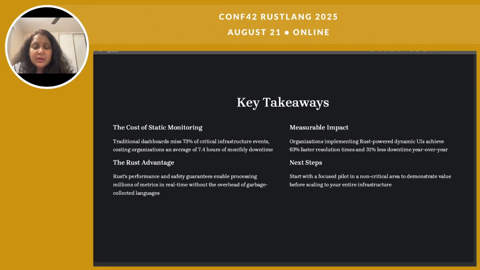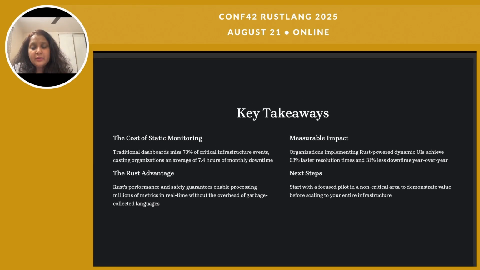So Rust powered dashboards aren't just a tech upgrade, they are more of an operational shift. They let teams move from reacting to predicting, from firefighting to preventing. Once we experience detecting incidents in under a minute, there won't be any going back.